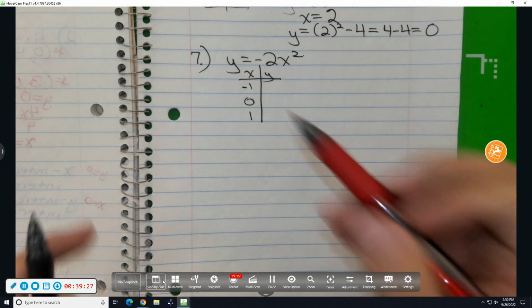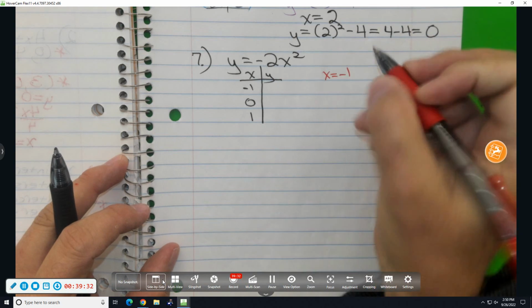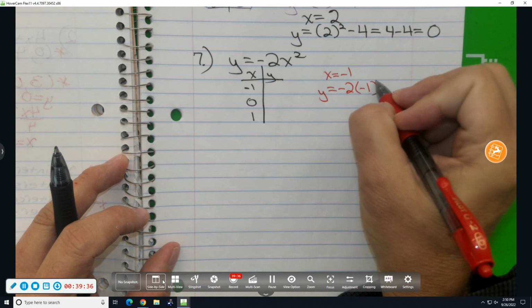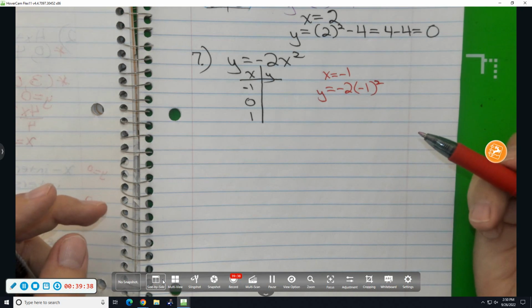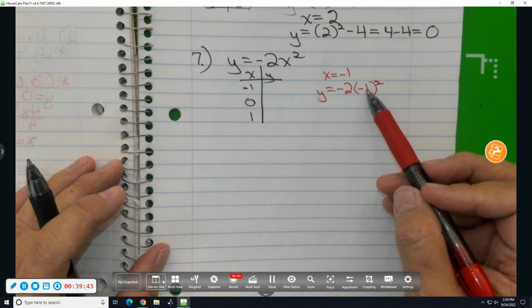Starting off with x equals negative 1. We get y equals negative 2 times negative 1 squared. Remember your order of operations. You perform exponentiation before you multiply. So what's negative 1 squared? What's negative 1 times negative 1? 1 times negative 2 gives me a y value of negative 2.